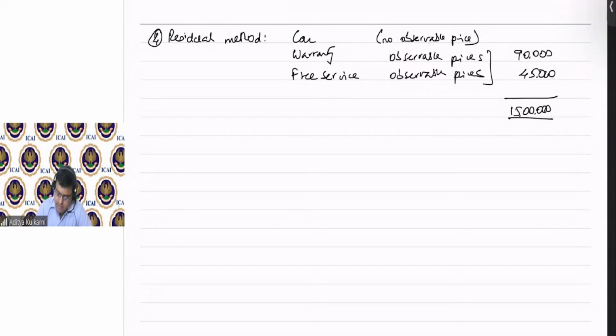Observable prices. So what will be the value of the car? 15 lakhs minus 90,000 minus 45,000. So 15 lakhs minus 1 lakh 35,000. That is 13 lakhs 65,000. Residual approach, balancing figure approach.